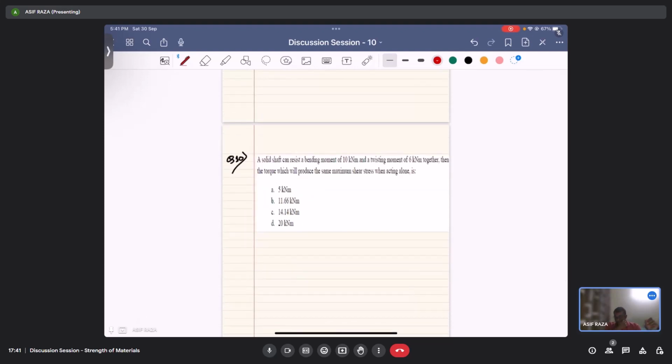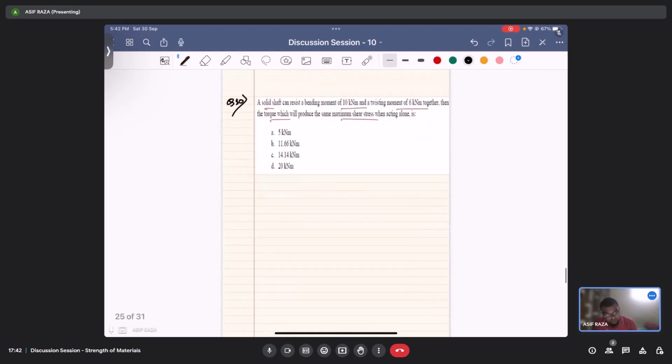Question number 10. A solid shaft can resist a bending moment of 10 kilonewton meter and a twisting moment of 6 kilonewton meter together. Then the torque which will produce the same shear stress when acting alone is. So this is what I have been telling earlier. This implies we need to just find the equivalent twisting moment or equivalent torque.